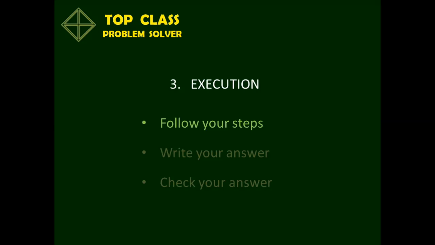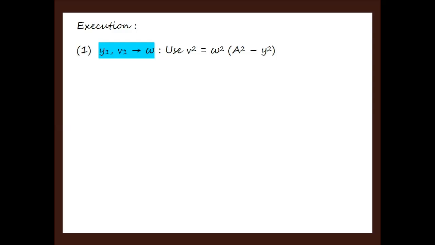The first step of the execution is to follow the steps of the action plan. The first step is to determine omega from y1 and v1. We will use the equation that can be obtained from conservation of energy. It is a good idea with simple harmonic motion problems to avoid solving for time.